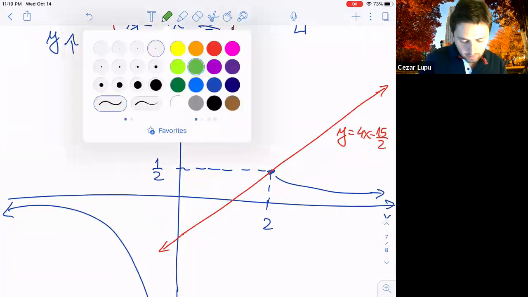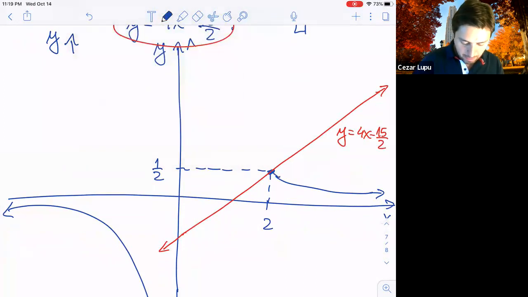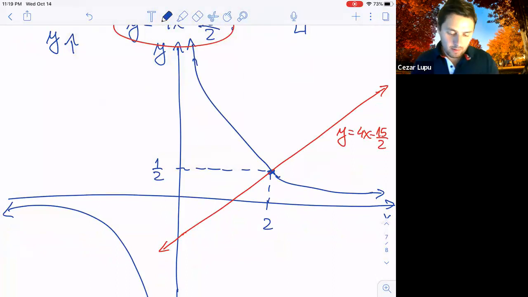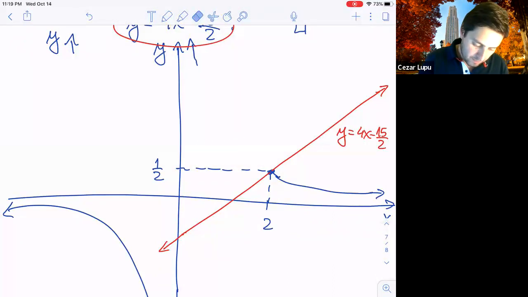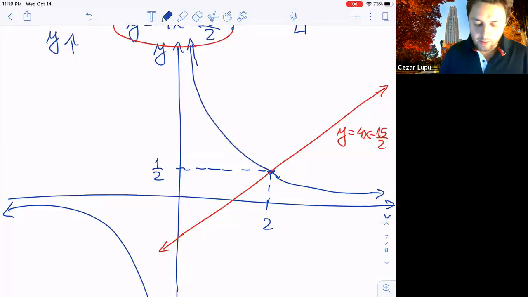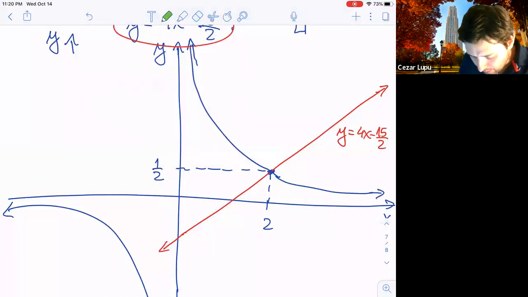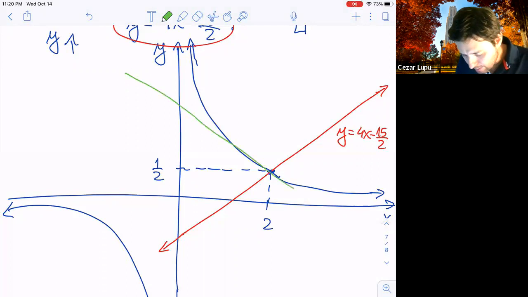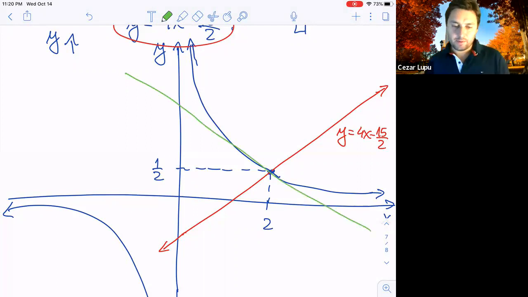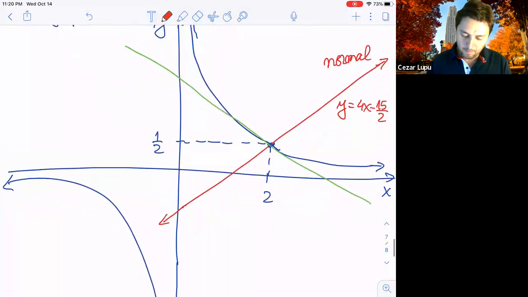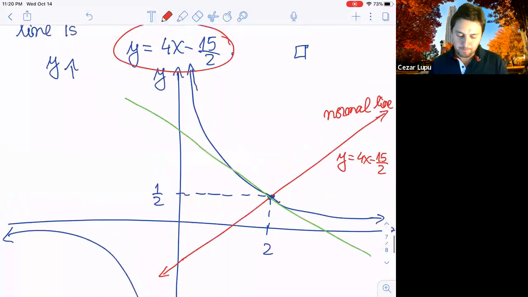Okay. Sorry about that. Now let me draw the tangent line, which goes something like this. So let's just say this is the normal line, right?